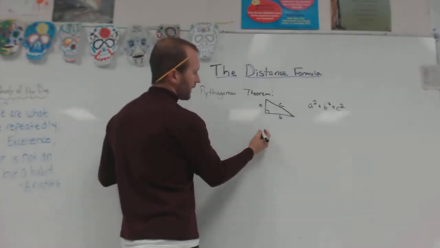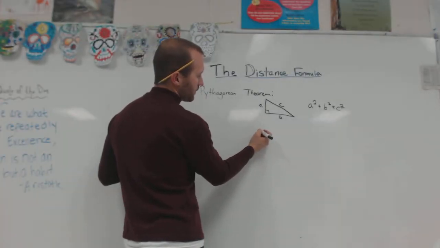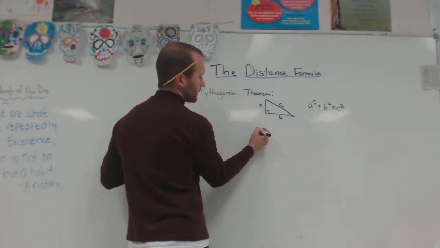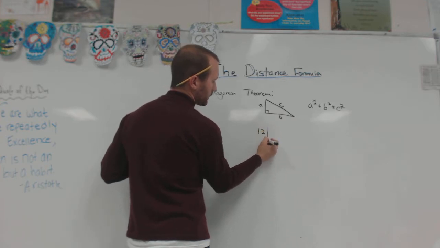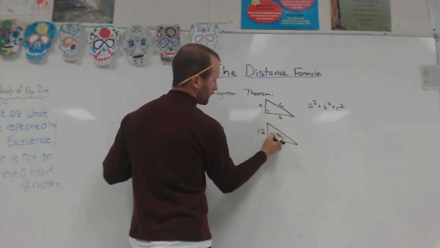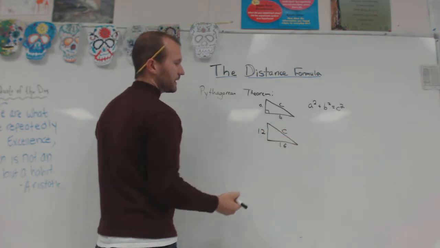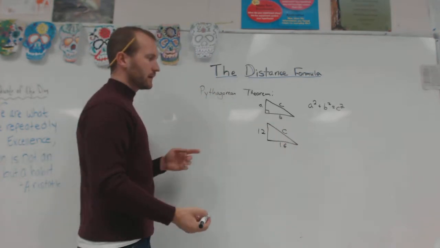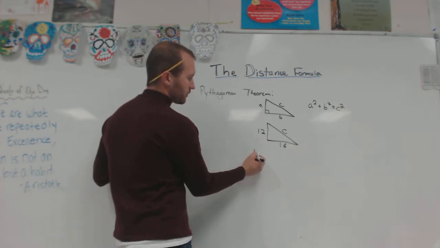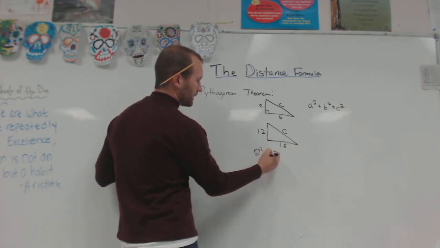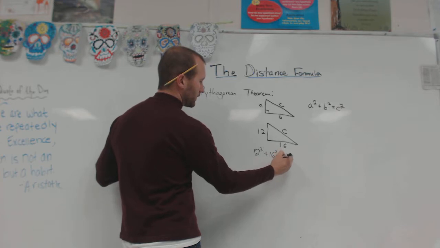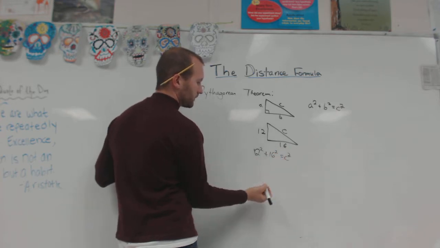So if I had the triangle with sides 12 and 16, and then I didn't know this side, I could find this side by just taking 12 squared plus 16 squared equals C squared.